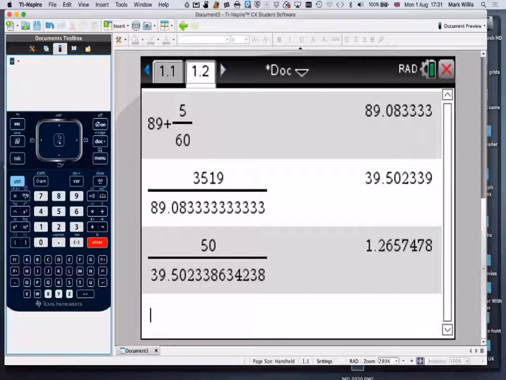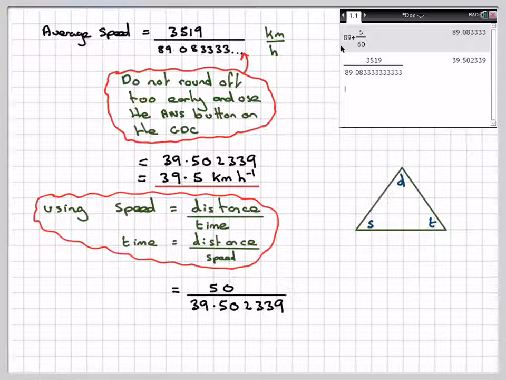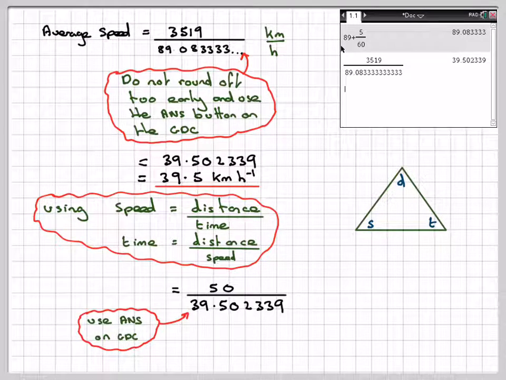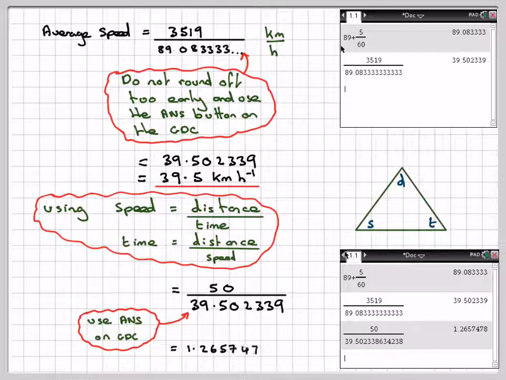Again, notice it puts the last answer that we got here, you mustn't do a calculation in between, so it's going to be 1.2657478 hours. So using the answer on the GDC, there we go, we get 1.2657478 hours.